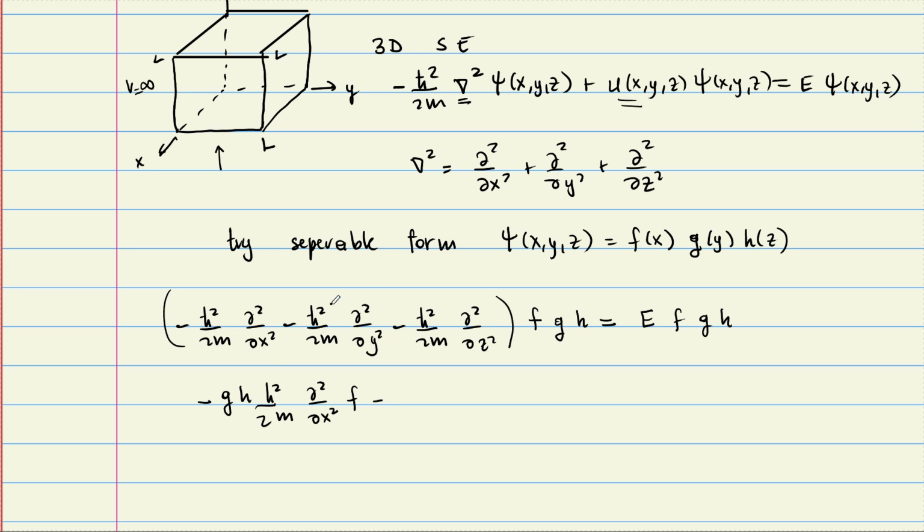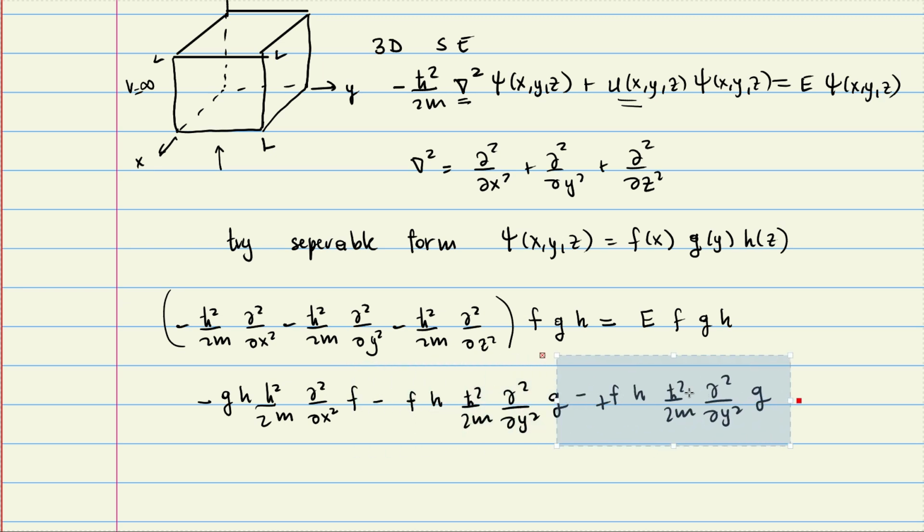Similarly, I can hit this F, G, H with this one, and F is Y independent, H is Y independent. So what's going to remain is h bar squared over 2m, partial squared over partial y squared, only acting on G. And similarly for the last one, let me copy.